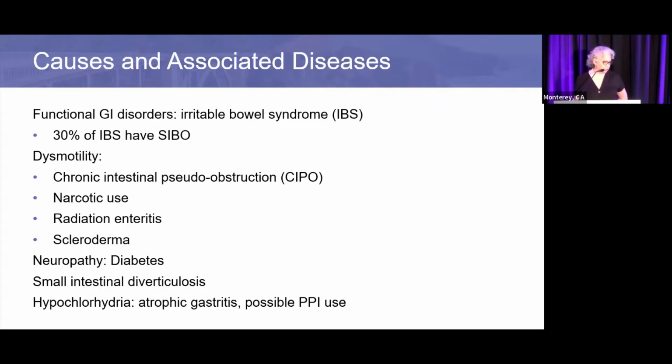Scleroderma and other systemic diseases that affect motility will also make us more prone to SIBO. Neuropathies like diabetes, diabetic gastroparesis, and idiopathic gastroparesis are also part of the motility issues that make us more prone to SIBO. Small intestinal diverticulosis, just pockets for bacteria to grow and flourish, also makes us more prone to SIBO, and hypochlorhydria, because we change the acidity of the gut, allows the bacteria to grow.